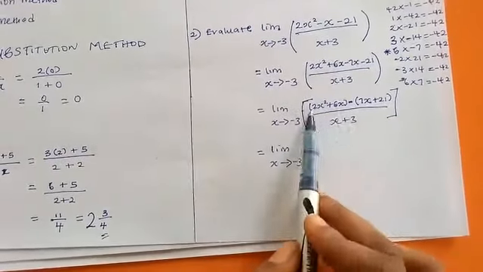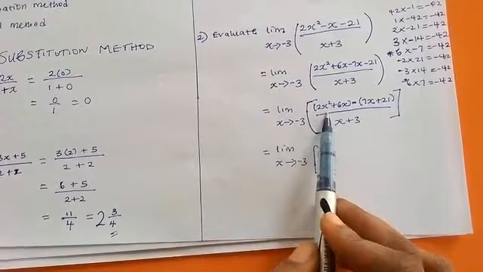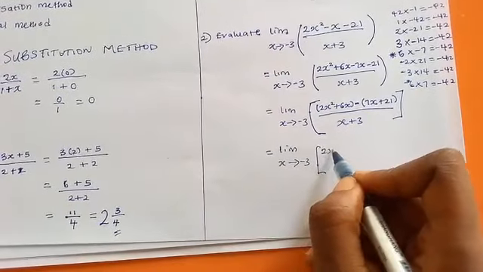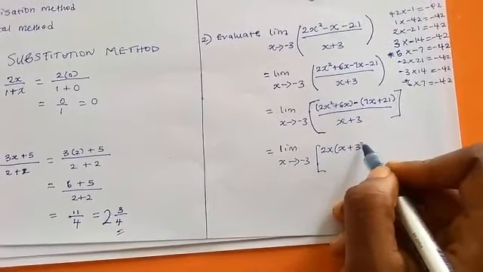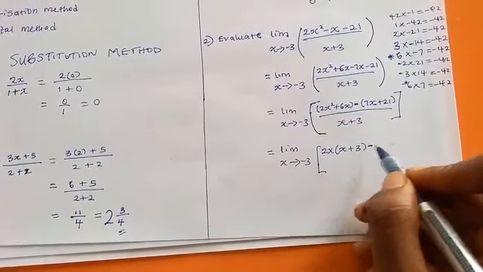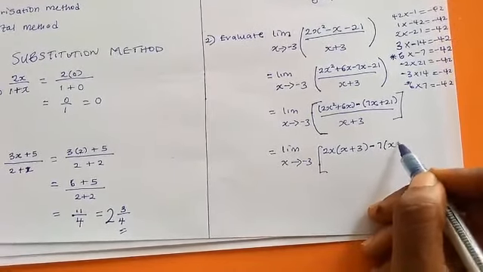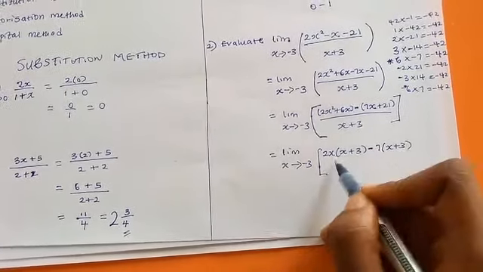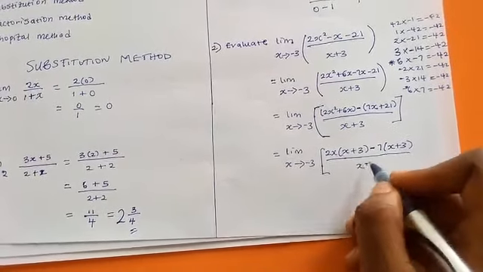Now, let's continue. What are the common things here? 2 and x. So 2x is common. We bring it out and we have x plus 3. Minus 7 is common. We have 7 of x plus 3, all over x plus 3.